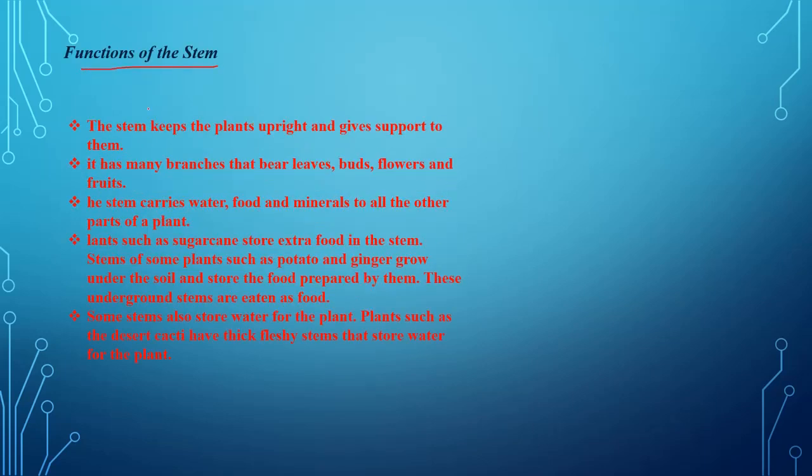Now we are going to study the functions of the stem. Stems keep the plant up straight and give support to it. It has many branches, not only one, more than three or four.